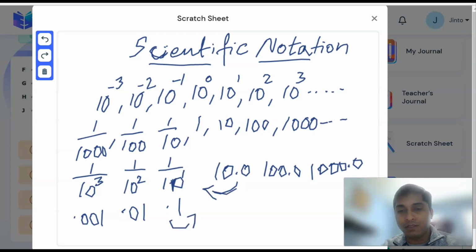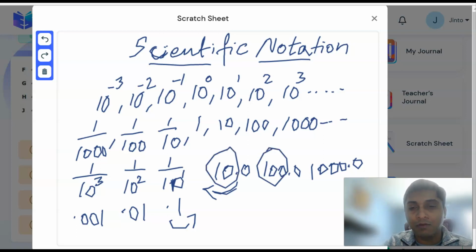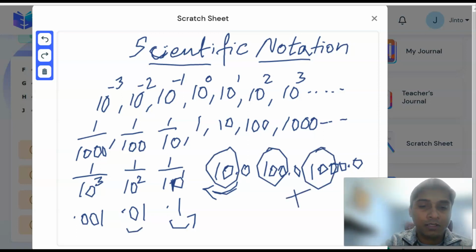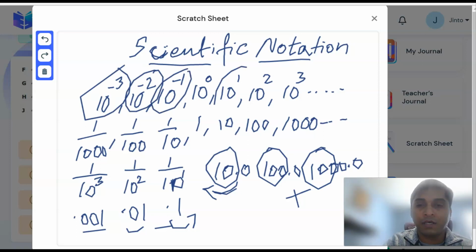That's what we do in scientific notation. When you are moving to the left, you will have a positive exponent, and for these kinds of numbers, you will have a negative exponent. These are the negative exponents here, and these are the positive exponents on the other side.